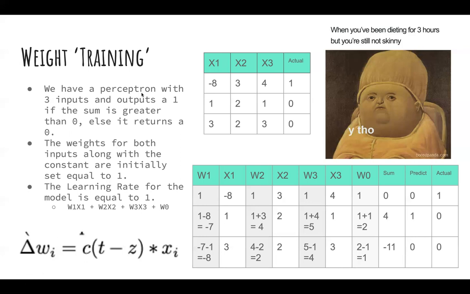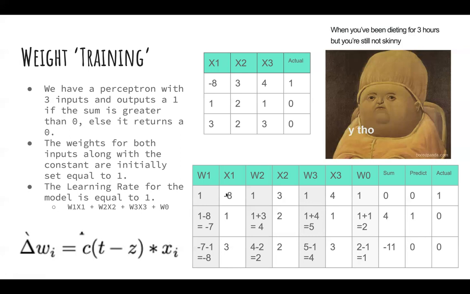Our learning rate is equal to 1. I made this very simple. Our t minus z here is 1 minus 0, so 1 times 1, which is just 1, times whatever the value of x is. I'm going to multiply by my x value, and that's what I adjust my delta by.